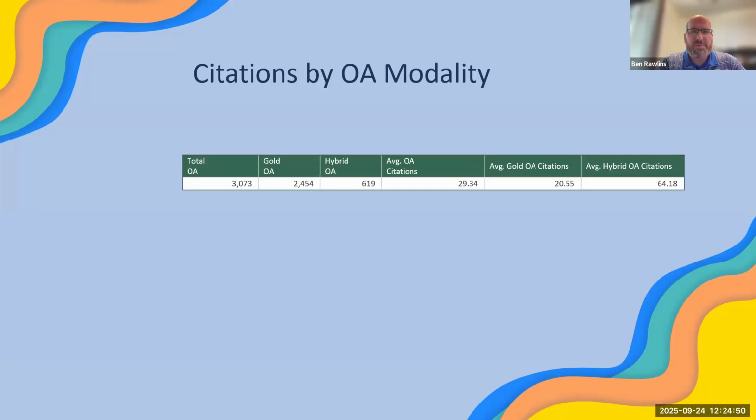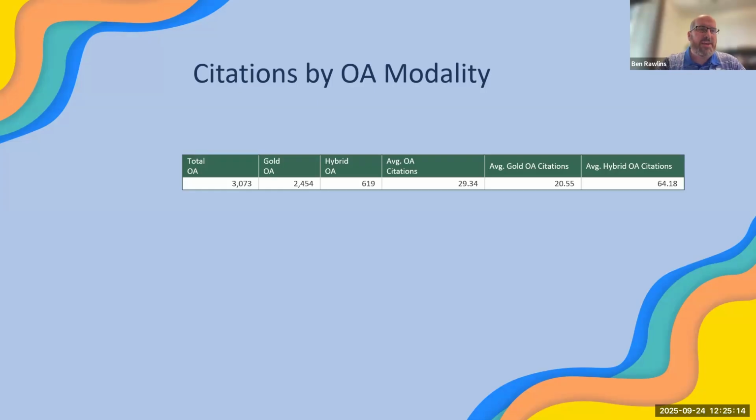And the additional 20% were published in hybrid OA journals. So what's interesting is that publishing in Gold OA does not show an OA citation advantage. In fact, the articles published in Gold OA journals show a little bit lower citation rate than our overall citation rate at UK.